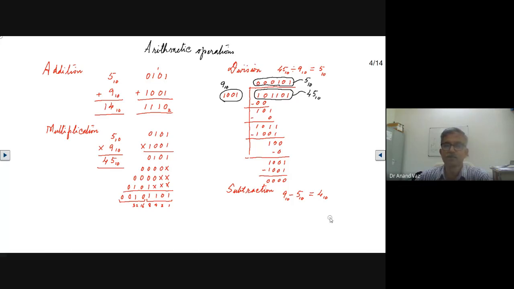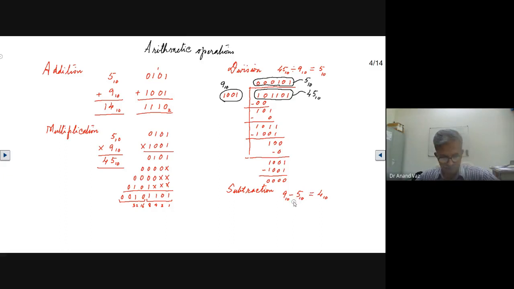What is that approach? Subtraction is performed using addition itself. So you are going to add minus 5 to plus 9, and the result is going to be 4. So how are you going to do this?